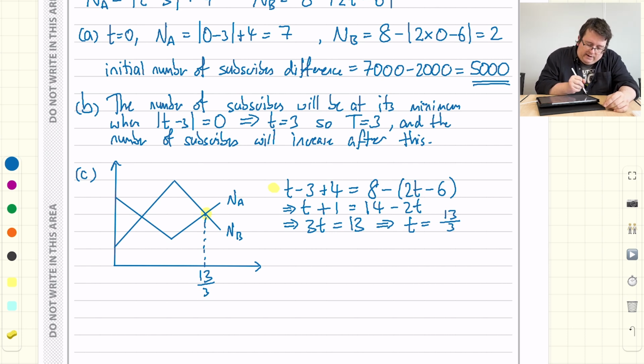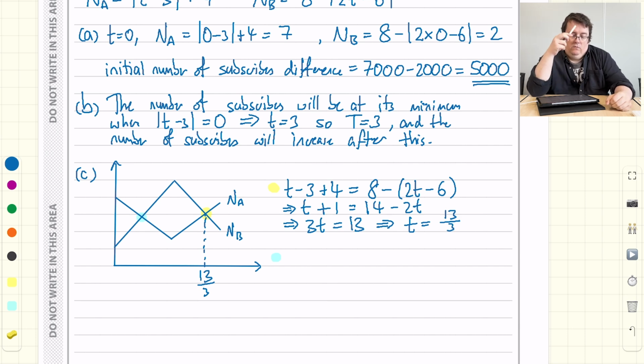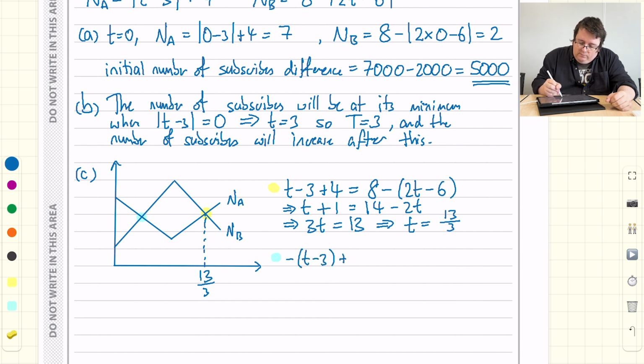And now we want to work out the other intersection point. So that is when NA is negative, so you've got negative gradient, so you want a minus sign in front of the t take away 3 plus 4, and NB is positive, so you want 8 plus 2t minus 6.